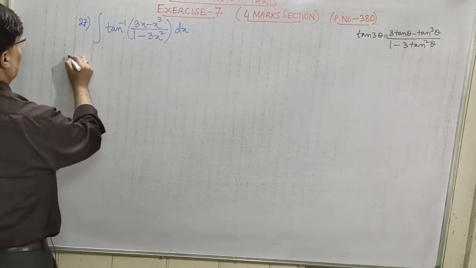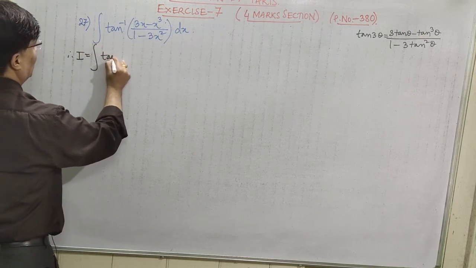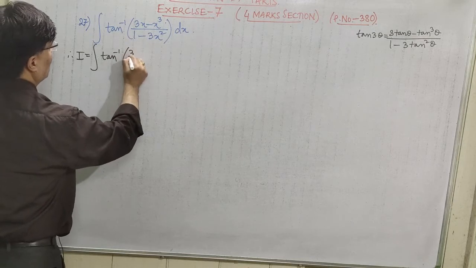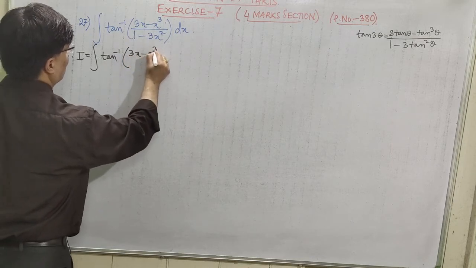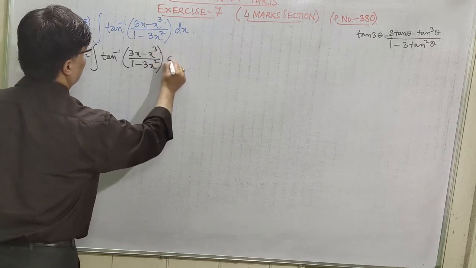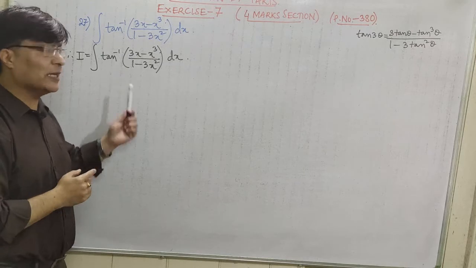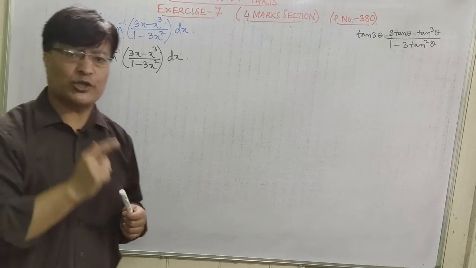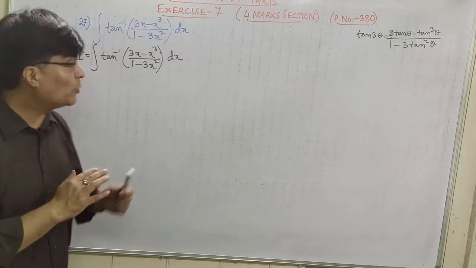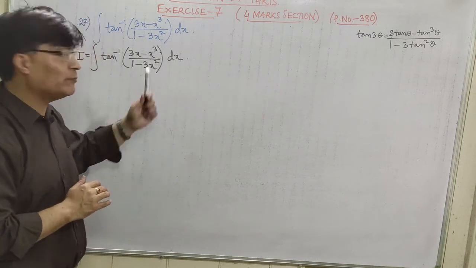Okay, so let us write I first. I is equal to integration of tan inverse within bracket 3x minus x cube divided by 1 minus 3x square, bracket close, dx. In this case you have to use the trigonometric substitution method. We can put x is equal to tan theta, so that you can write tan 3 theta within bracket.